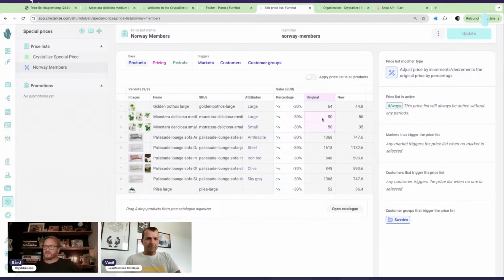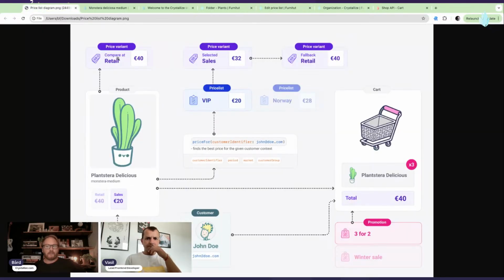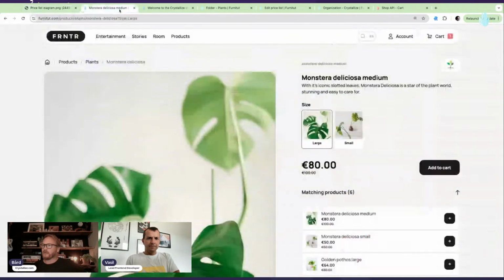We adjusted that by 30%, which means 56 compared to 80. Now, we have already defined that our compare at is retail, which is 100, right? So that's actually what we use in this context to define the total discount.